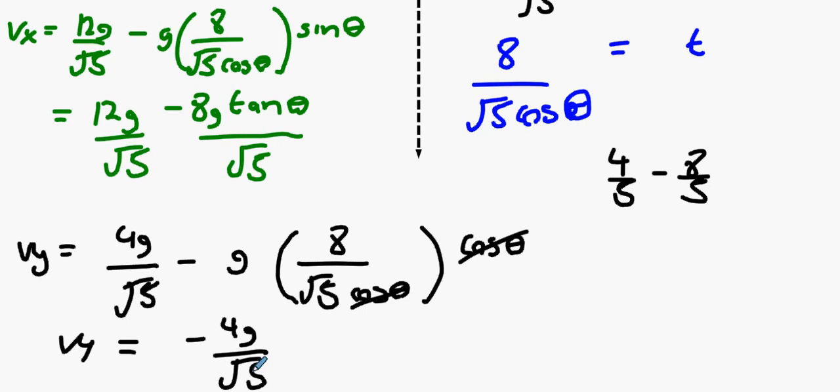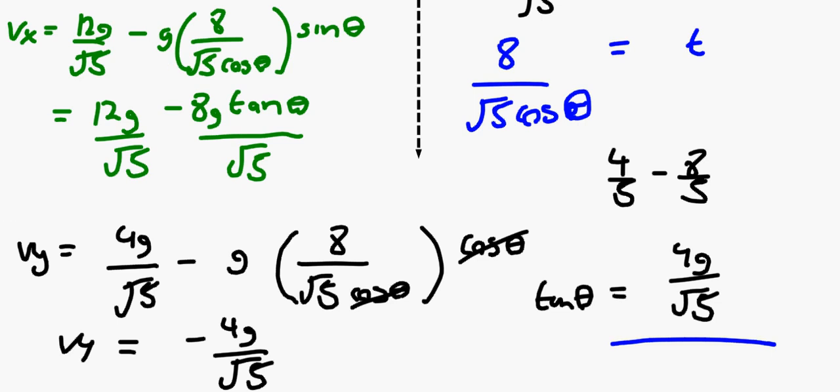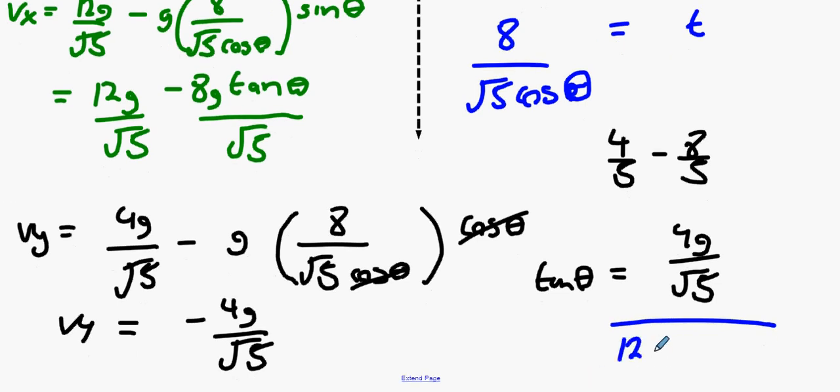Now, as we discussed earlier, our landing angle, which is tan theta, is minus Vy over Vx, 4g over root 5. Our denominator, which I'll put here, is actually 12g minus 8g tan theta, all over root 5.